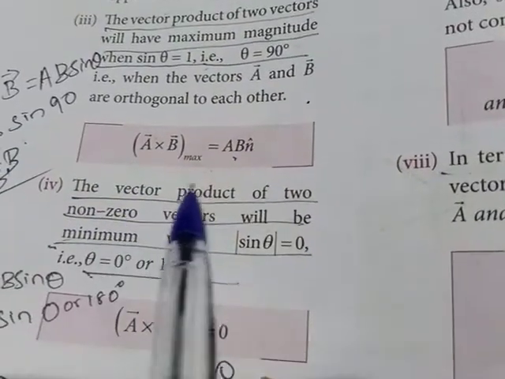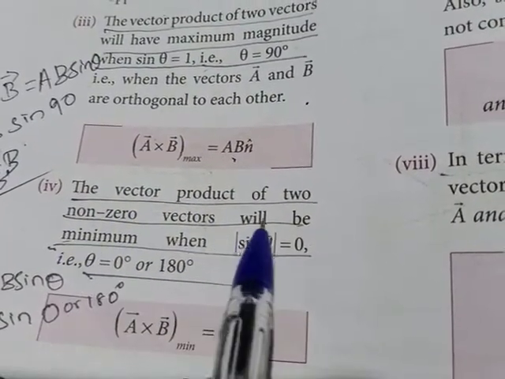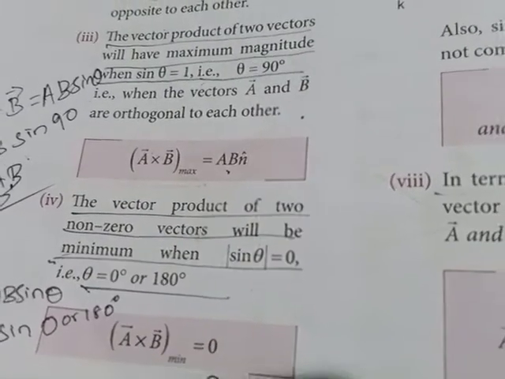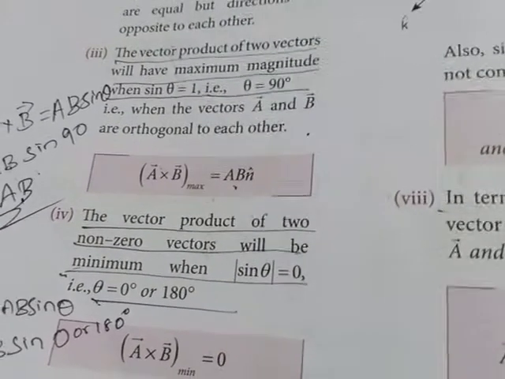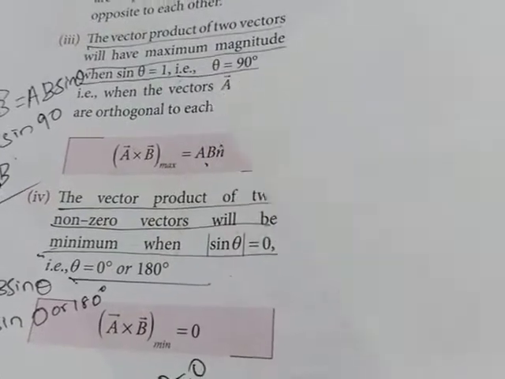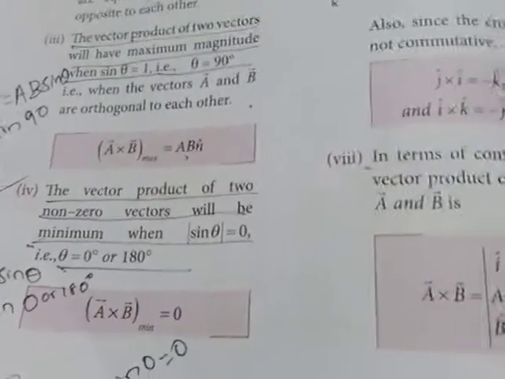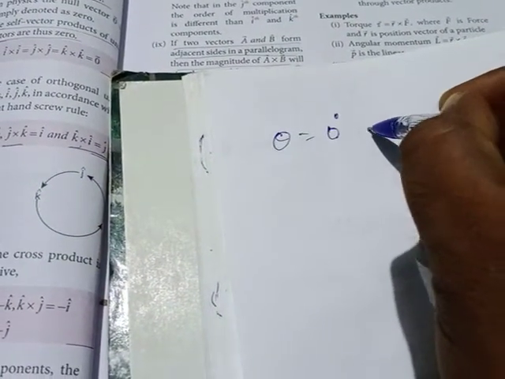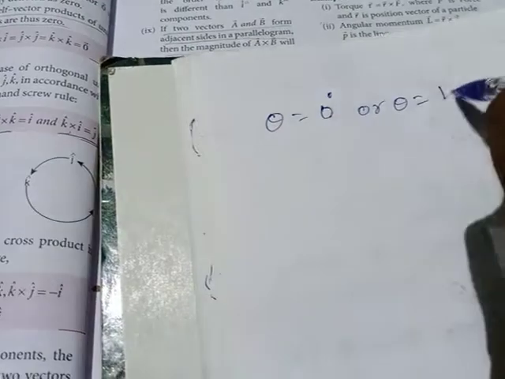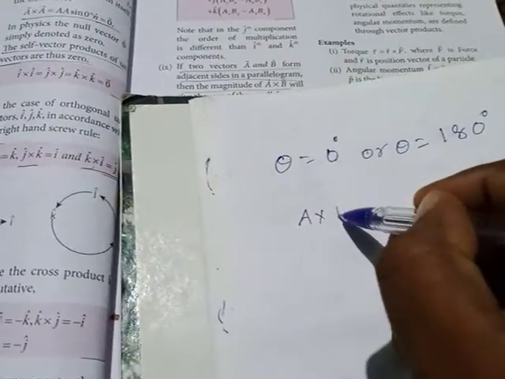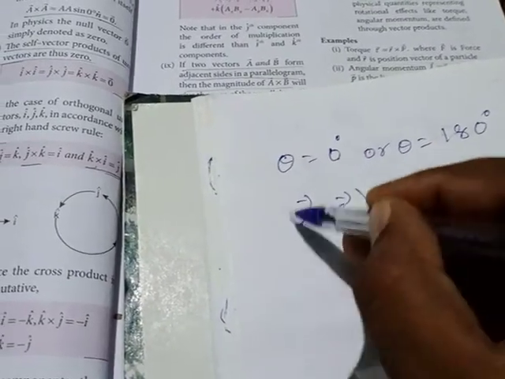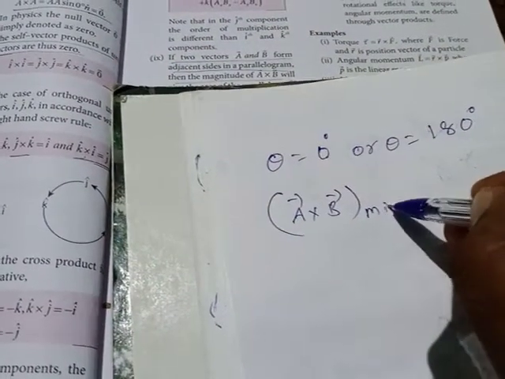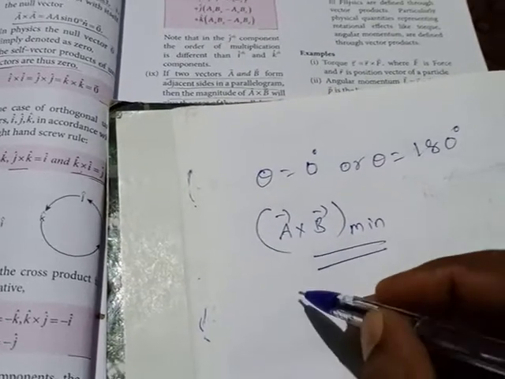Next, the vector product of two non-zero vectors will have minimum magnitude when theta is 0 degrees or theta is 180 degrees. Why do we get A cross B minimum?